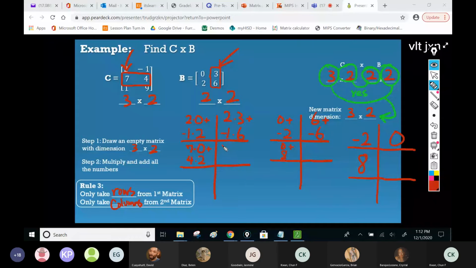So 7 times 3 plus second number times the second number. So 4 times 6. 7 times 3 is 21 plus 4 times 6, which is 24. Add them together, you get 45.